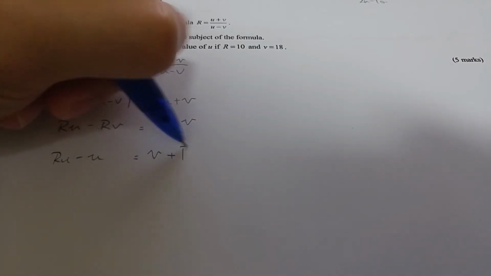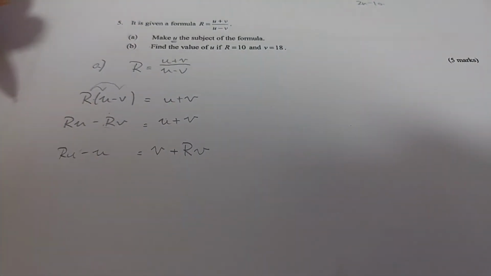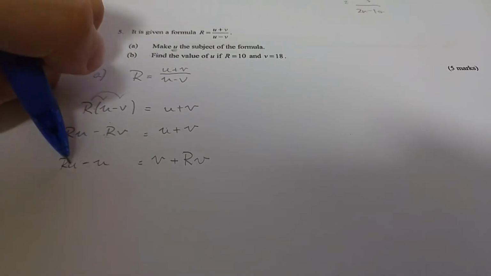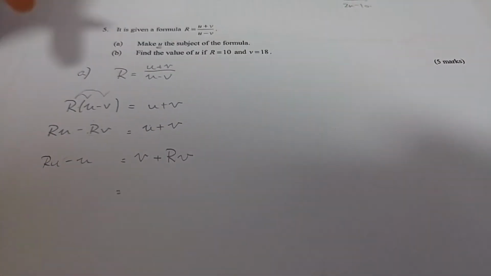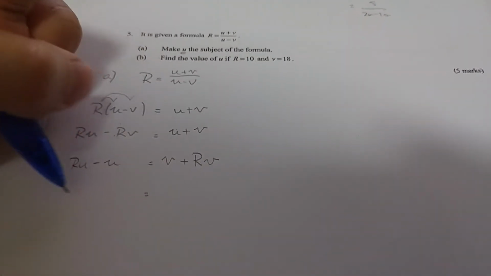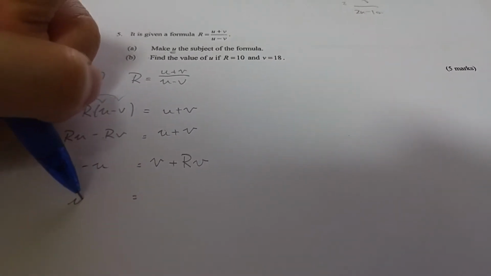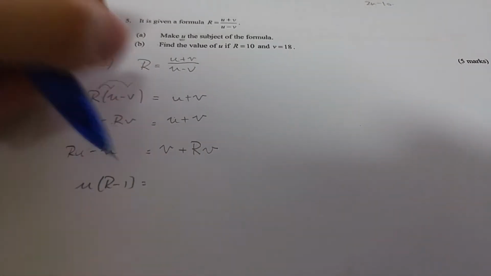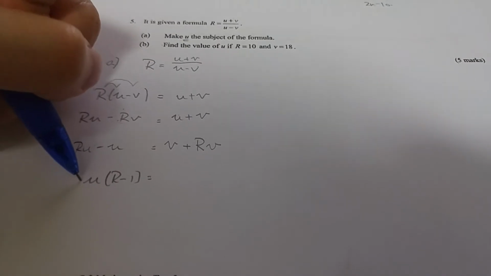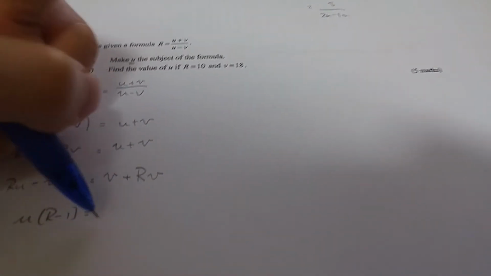So we have the plus v. Don't mix up the u and v, okay? And then the next step would be factorization. Because we only want u, u is the subject, only u. And we have something like this.